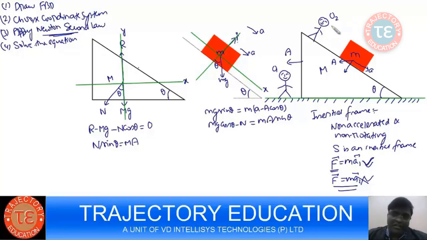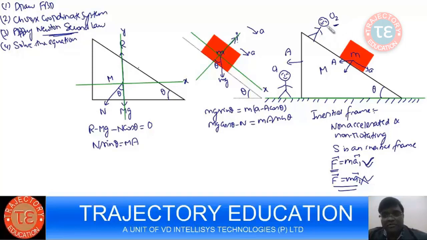I can't make O2 understand that the wedge has some acceleration, because he is not observing the acceleration of the wedge. Every observer is true to his observation. What he is observing, he is telling you that.